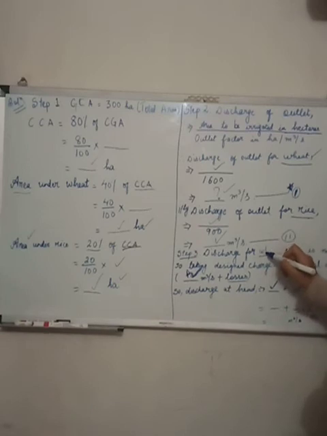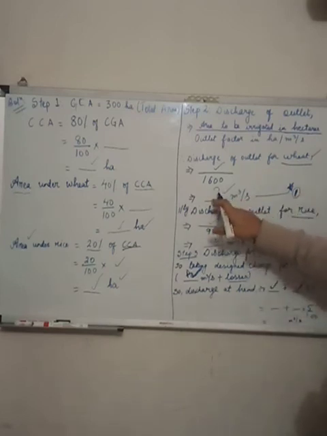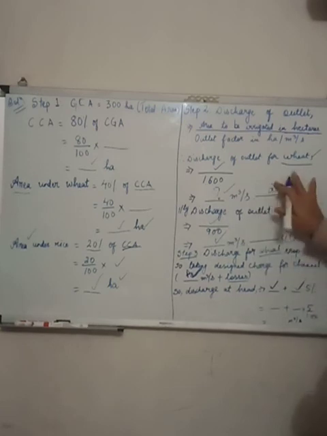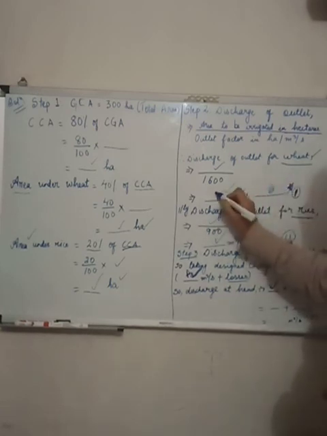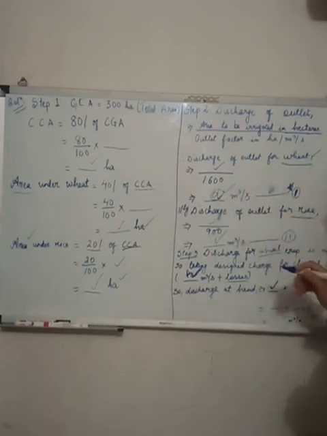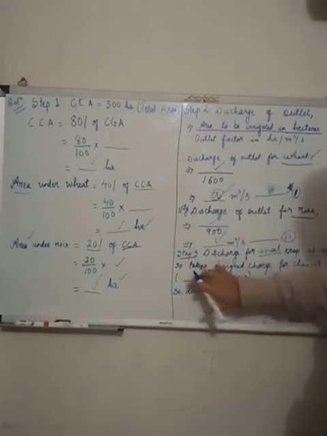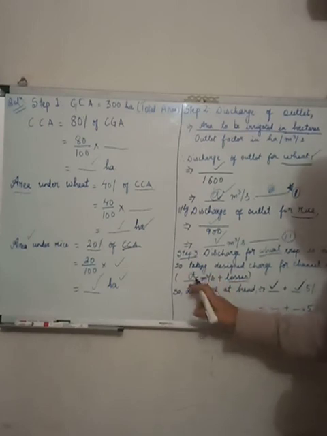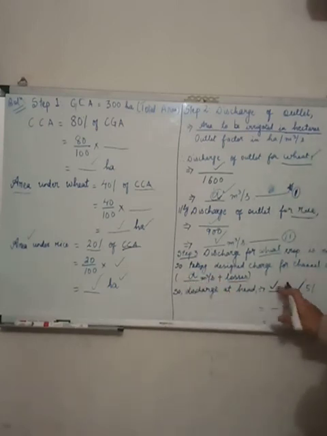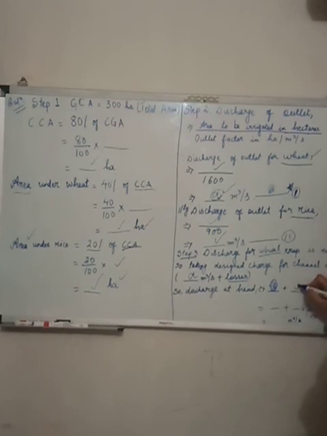For wheat crop, it's more, so taking the design discharge for the channel as, let's say this value comes out to be A meter cube per second. So here you will write down the value of A, which is in numbers, and then you will write down whatever value you're getting from equation 1. From equation 1, you put the value and you will get the discharge at head.